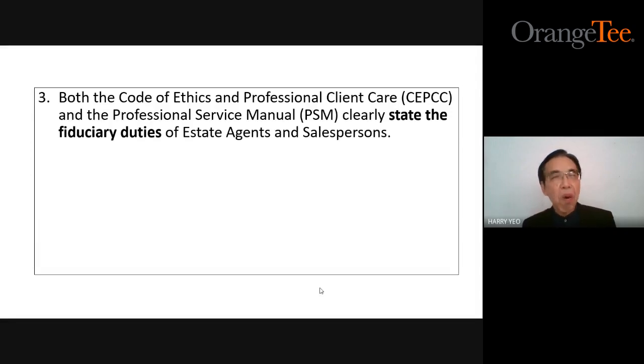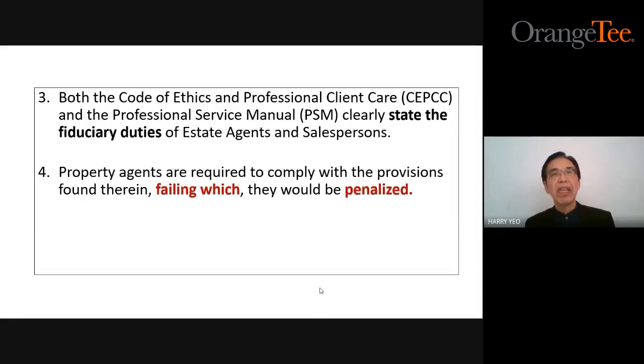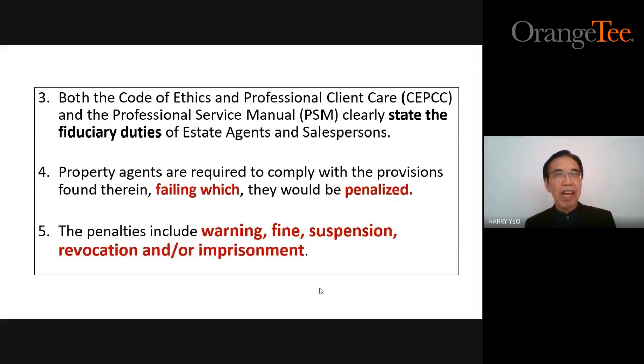The Code of Ethics and the Professional Service Manual spell out the duties of an agent to act in the best interest of the client. That is fiduciary duty. And we, the agents of Singapore, must comply with the Code of Ethics and Professional Client Care and the Professional Service Manual, failing which, warning, fine, suspension, revocation, and or imprisonment.